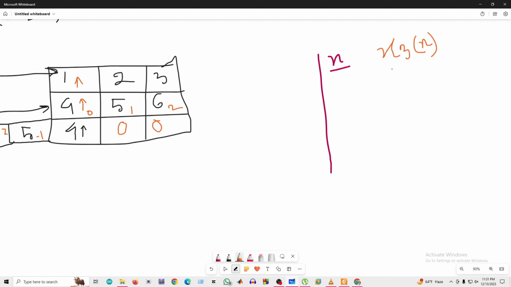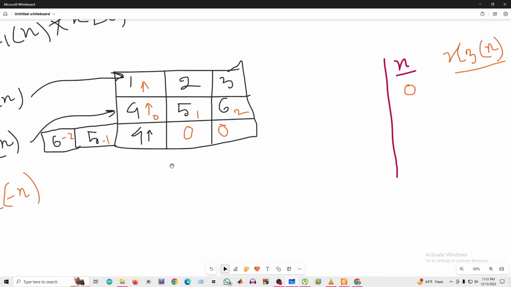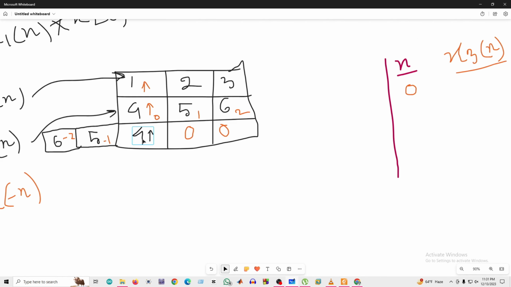So at n equal to 0, what is happening? You multiply this cell and this cell, and this cell and this cell, and individually you sum them up.